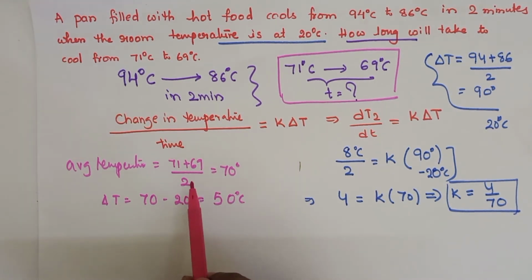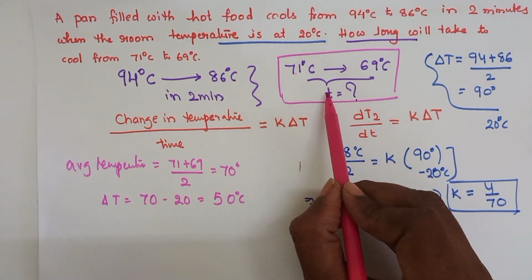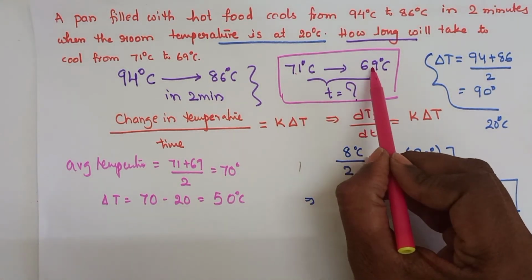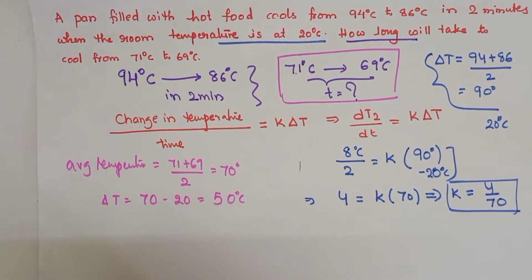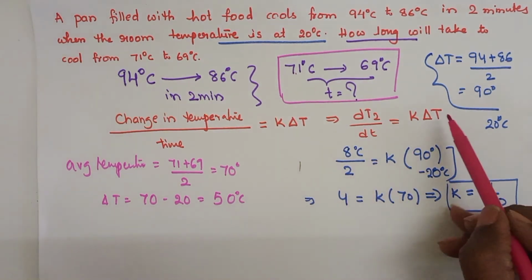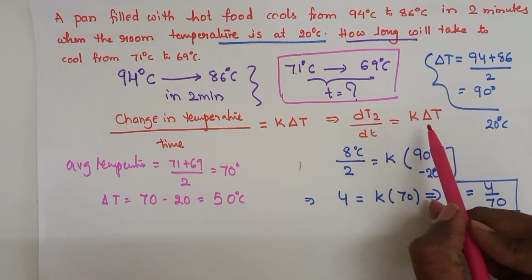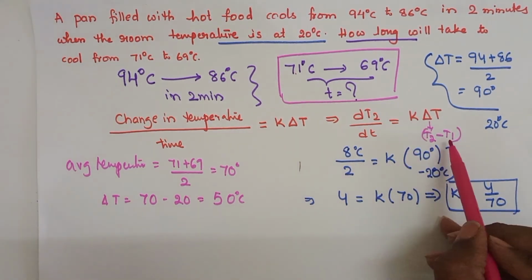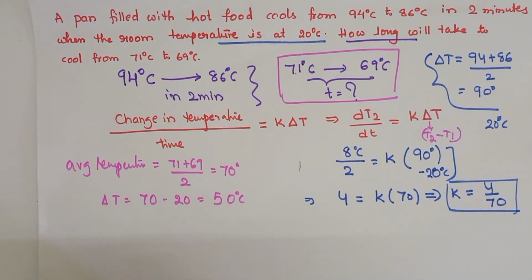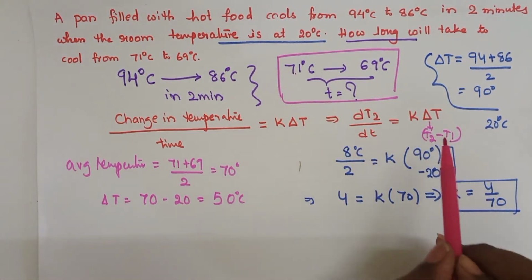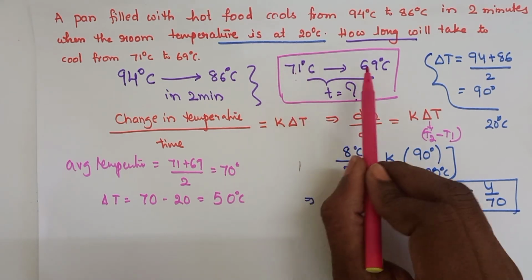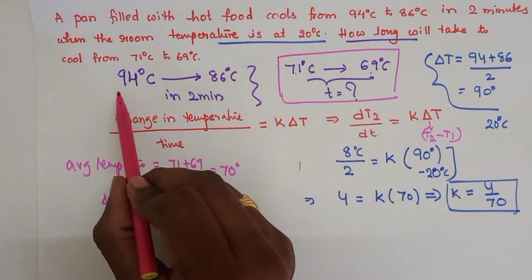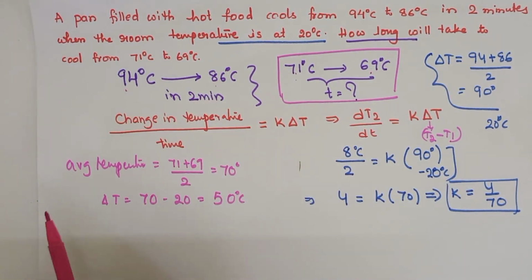Why do we take this average? Either you consider 71 minus 20 or 69 minus 20, which is a confusion, because delta T is T2 minus T1. T1 is fixed, 20 degrees centigrade, the surroundings temperature. Now T2, which one is to be considered? Either 71 or 69, either 94 or 86. So in that view we have taken the average.